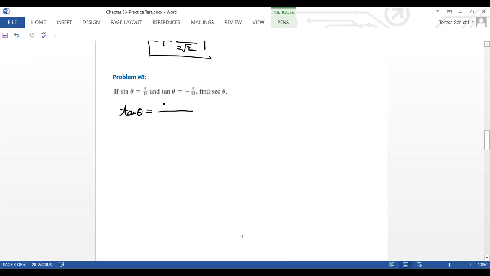So tangent theta is equal to sine theta over cosine theta, right? Doesn't matter where the theta is. And tangent theta is negative 5 over 12, and it is equal to sine theta, which is 5 over 13, and here this is the cosine theta.